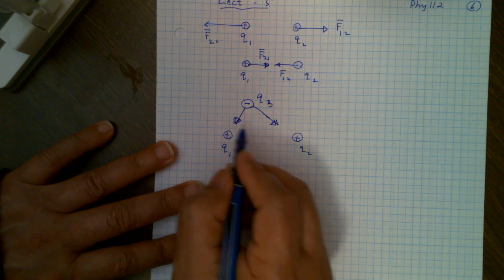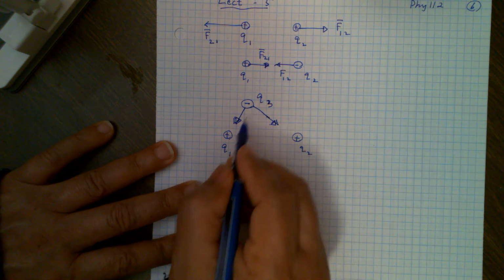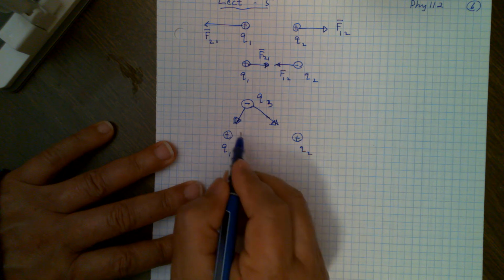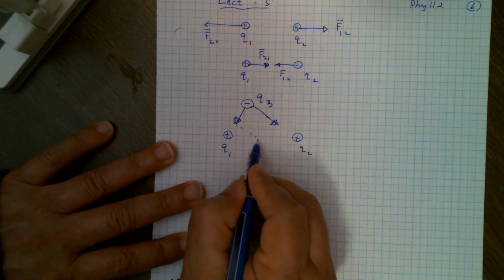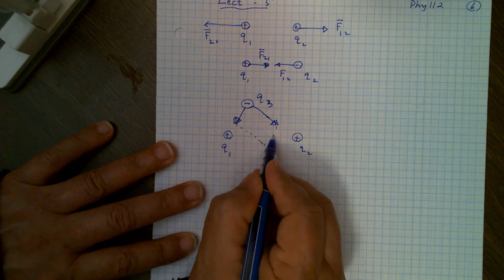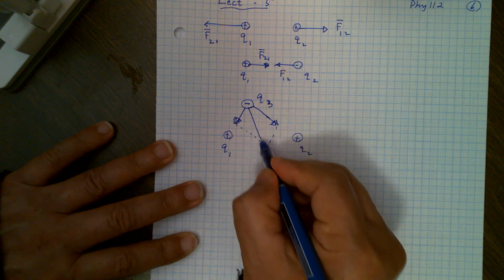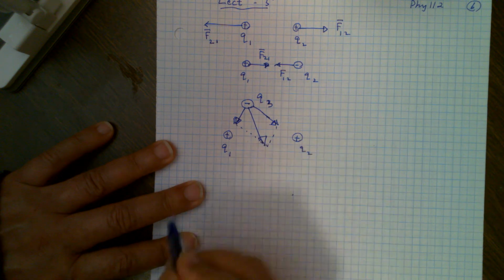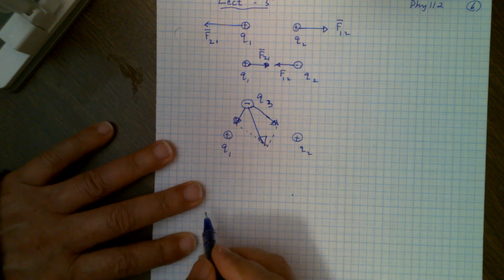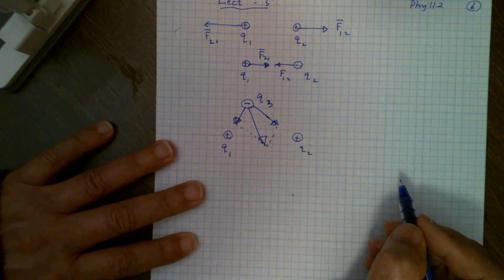So we know that the net force on Q3 will go somewhere in between. To tell precisely, we have to draw a parallelogram, then the net force will be in that direction. Correct? Okay? So that's how you will think about the direction of the forces.